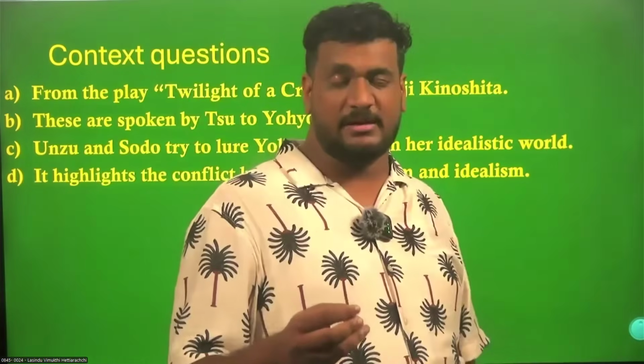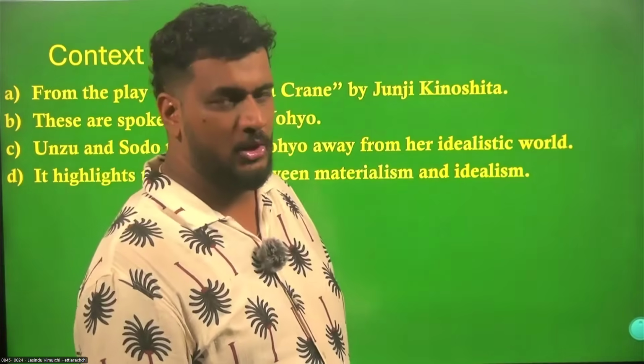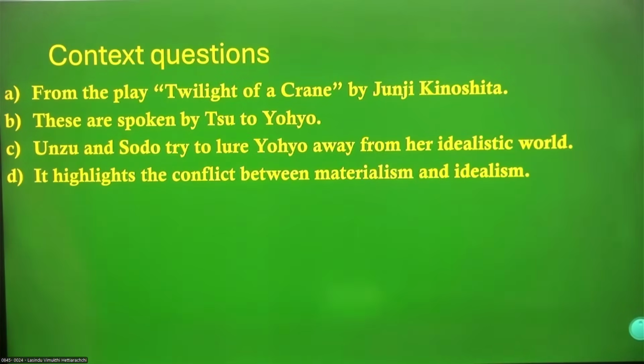Materialism refers to running behind money. You only need money. On the other hand, idealism refers to not thinking money can solve all the problems. More than money, you think family relationships are important. They are more valuable than money. That is your mindset. So two different mindsets can be seen here, right?